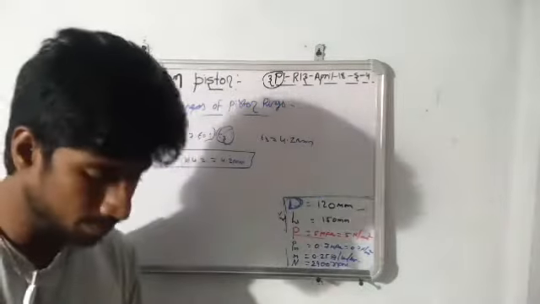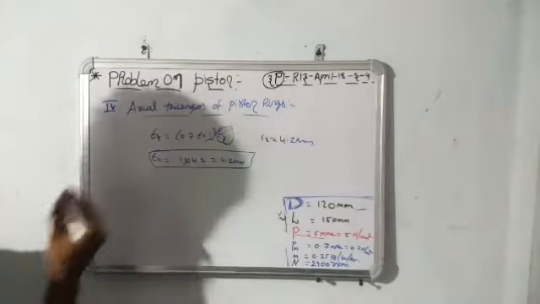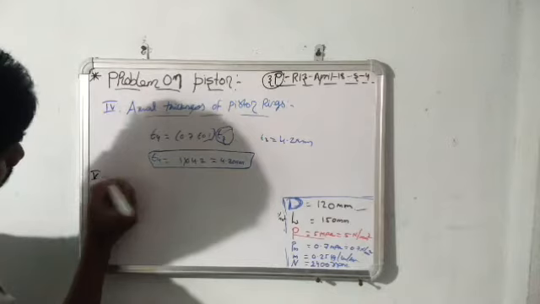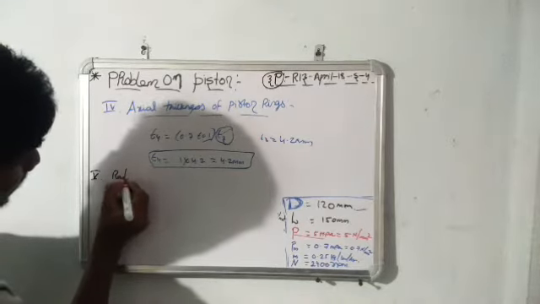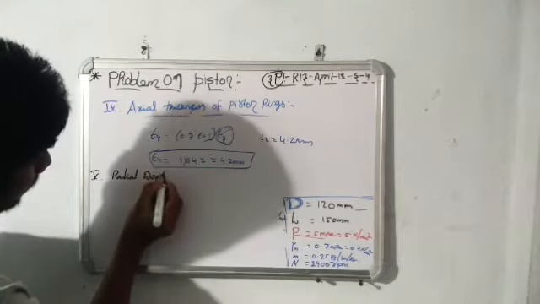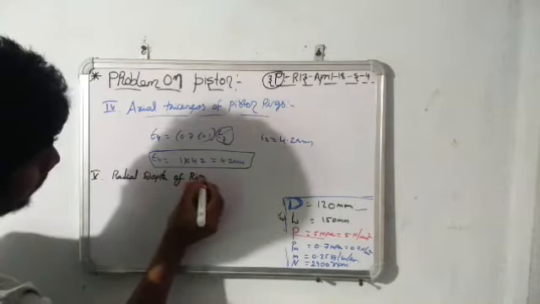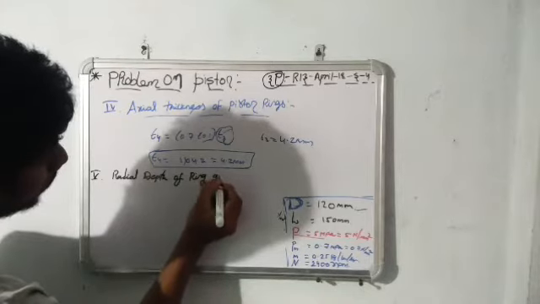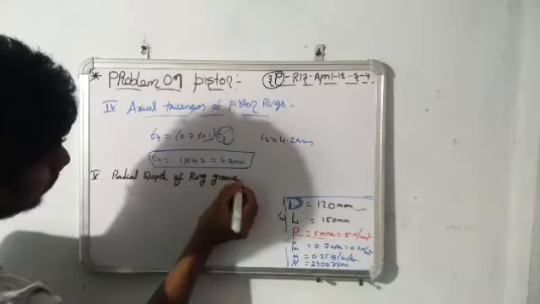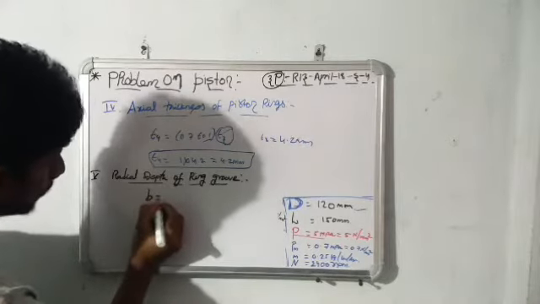And go to the next step, that is the fifth step here. Radial depth of ring groove. It is denoted by small b.